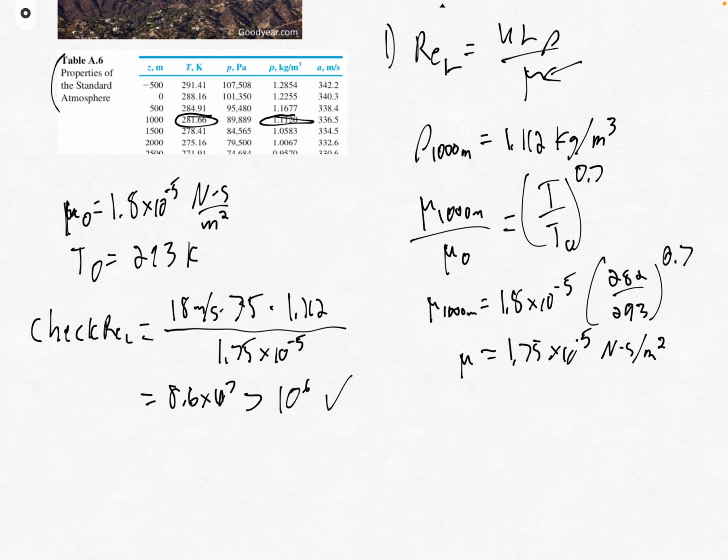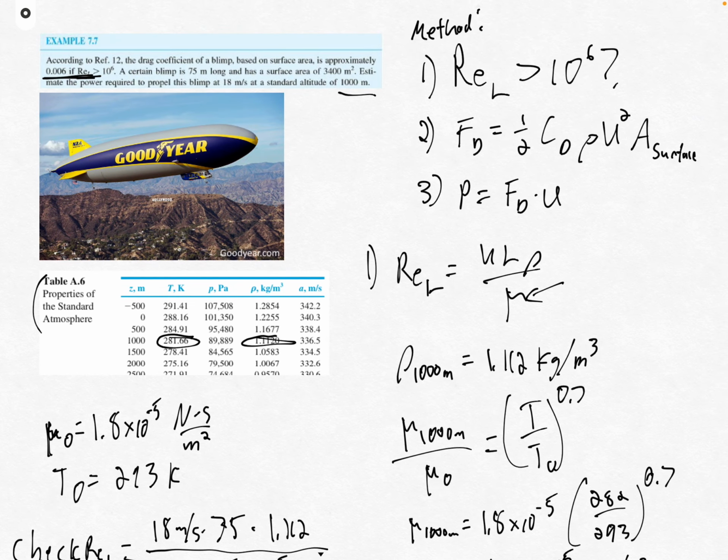Okay, so the second part is now to find the force due to drag, and we're just going to use our standard expression here, but noting that the area is the surface area because, again, that's how our drag coefficient is defined, and that's how it's given.